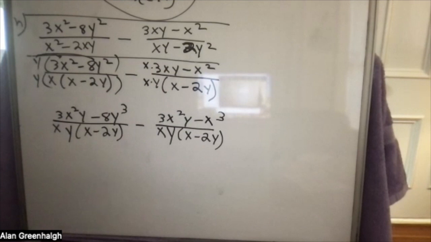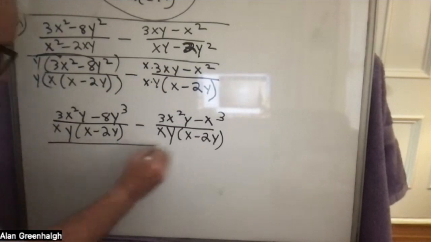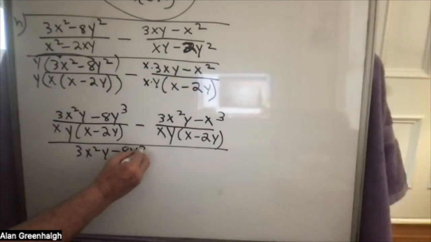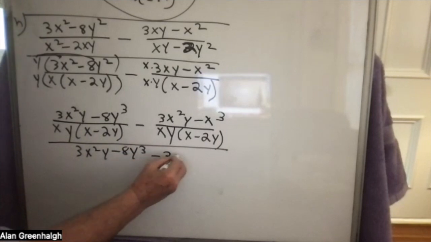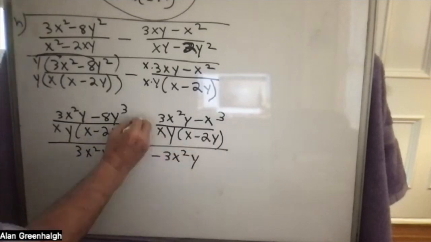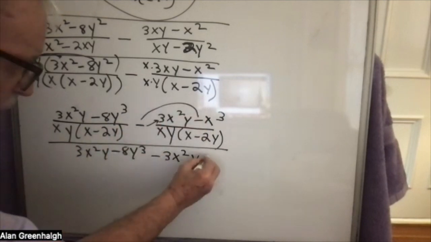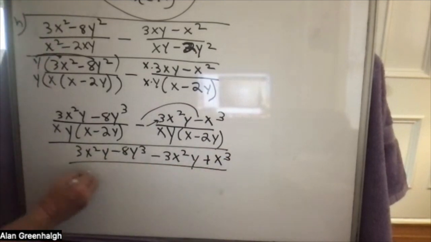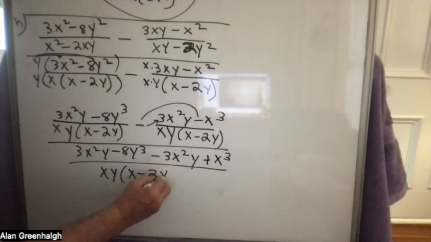I see what's happening here. Okay, you're gonna love this. Okay, so 3x squared y minus 8y to the third minus 3x squared y. I'm doing the negative now here, and now here, plus x to the third divided by xy times x minus 2y.